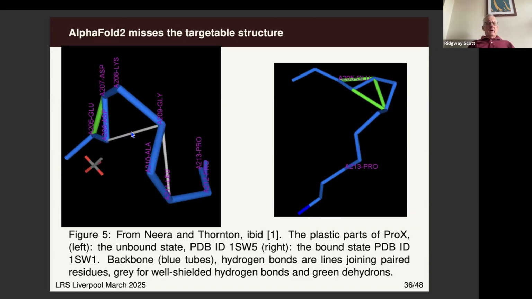So in the unbound case, AlphaFold gets the right structure, partly because it's got these well-wrapped hydrogen bonds that hold that part of the sequence together. But when it's bound to a ligand, Janet Thornton found that it changes structure, and AlphaFold doesn't give this in any one of its top possible structures.